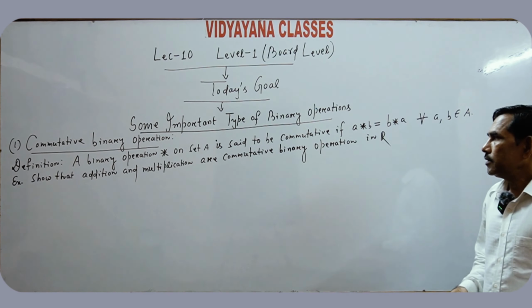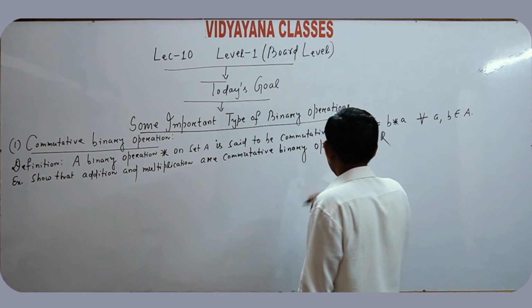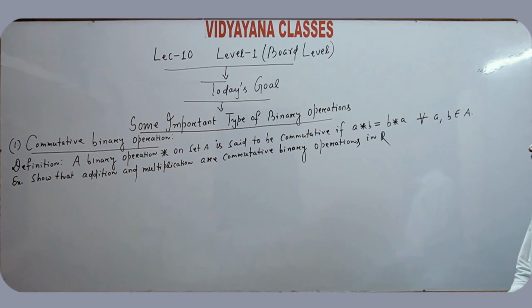So addition and multiplication are commutative binary operations in the real set R.